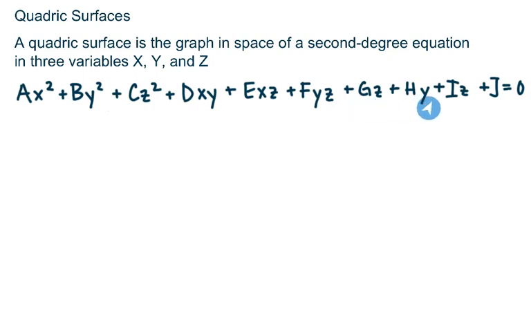But for example, these values, gx, hy, and iz, are going to lead to translations and shifting to the left and right, as well as shifting something up or down. And you guessed it, we're probably going to use some completing the square to help us determine what that equation is.